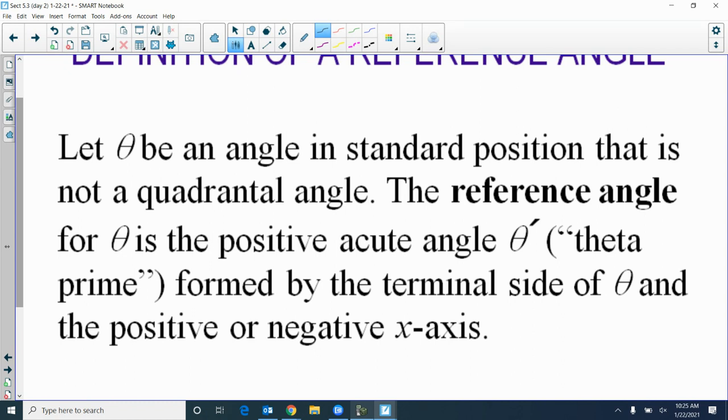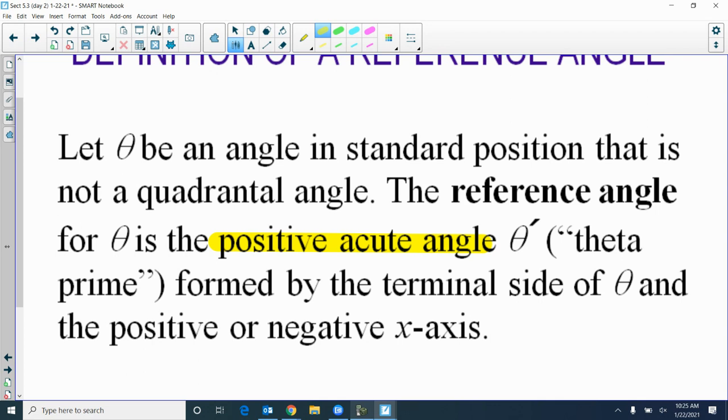Okay. All right, so a reference angle. Couple key things. It's usually labeled theta prime. It is always positive. Acute, which means it's less than 90.